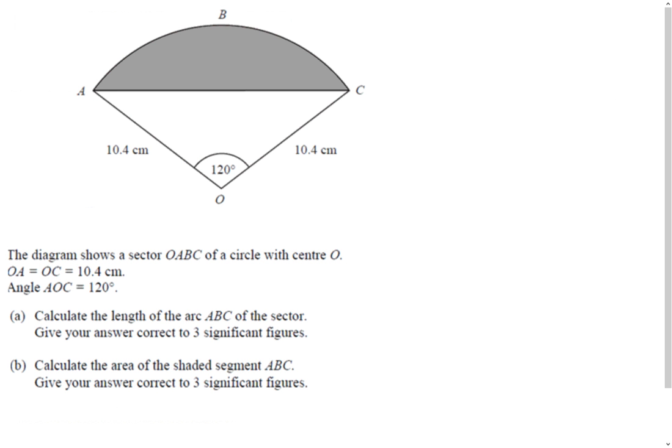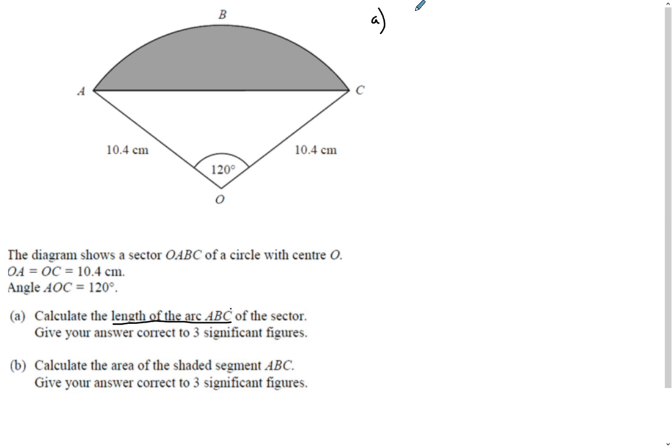The diagram shows a sector, and you've got the angles and the radius. First, it asks you to find the length of the arc ABC. So let's test ourselves on whether you watched the other video. The length of the arc is just a fraction of the circumference.